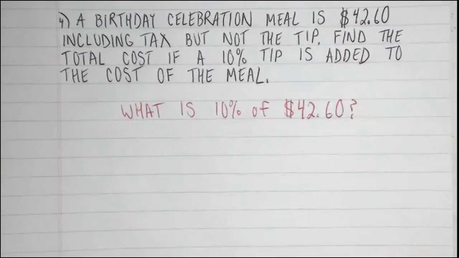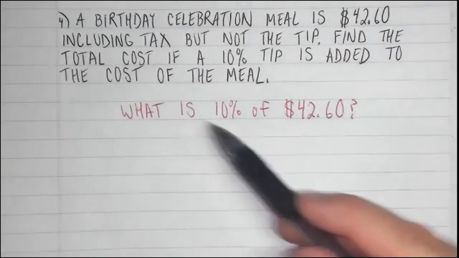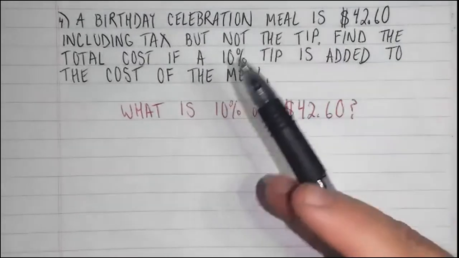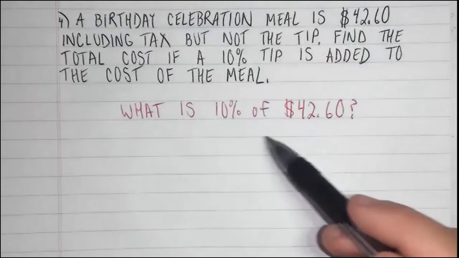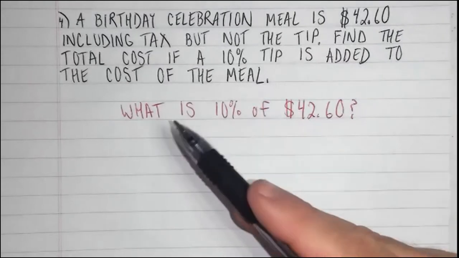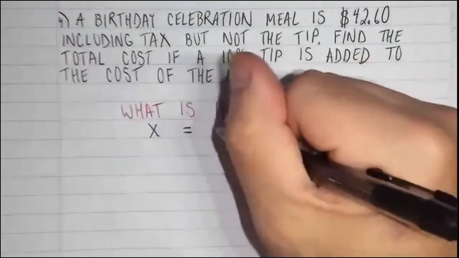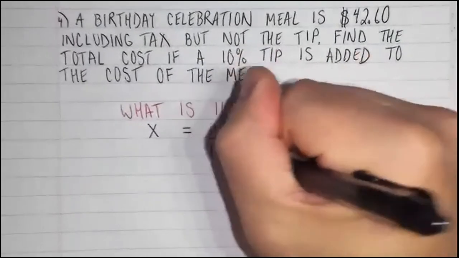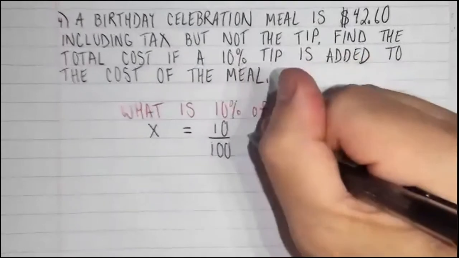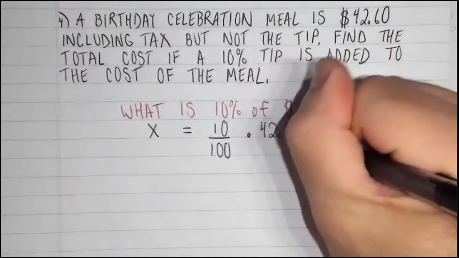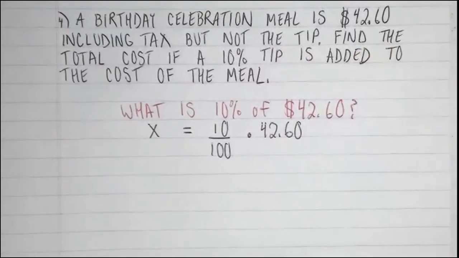All right, so once you come up with this sentence, and this might be the hardest part of these word problems, taking that data or that word problem and converting it into one of these type sentences. What is, okay, so x equals 10%. We're going to write it as 10 over 100 of, or multiplying, and we'll drop the dollar sign now and just write 42.60.